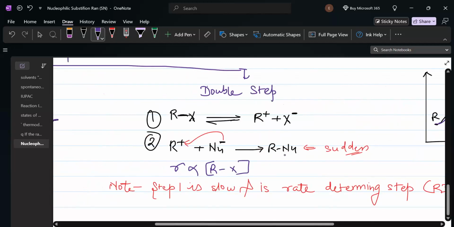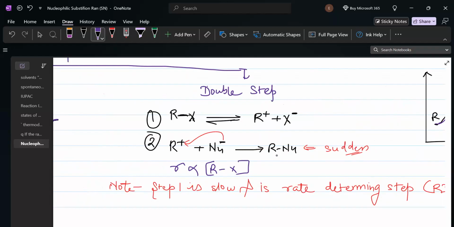can you see a carbocation here? Do you know what a carbocation is? Yes, sir. Can you see a carbocation in the product? There is no cation; this is a neutral product.